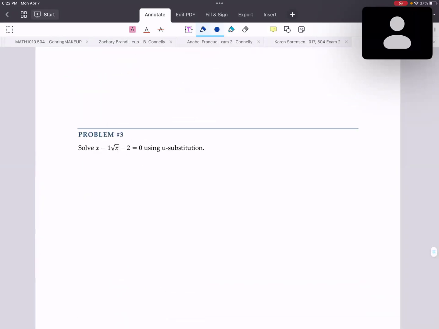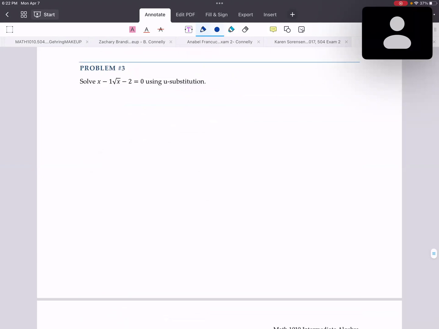But let's look at this one, because this one looks really kind of weird, right? So I'm trying to solve x minus 1 square root of x minus 2 equals 0. Remember, we want it to be in that form, like ax squared plus bx plus c equals 0.